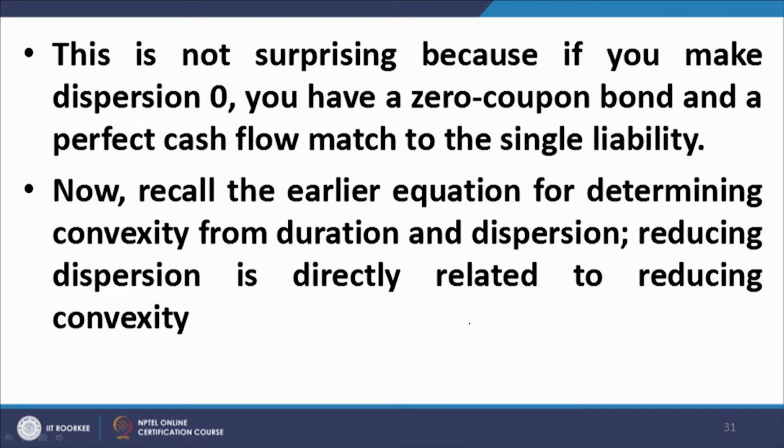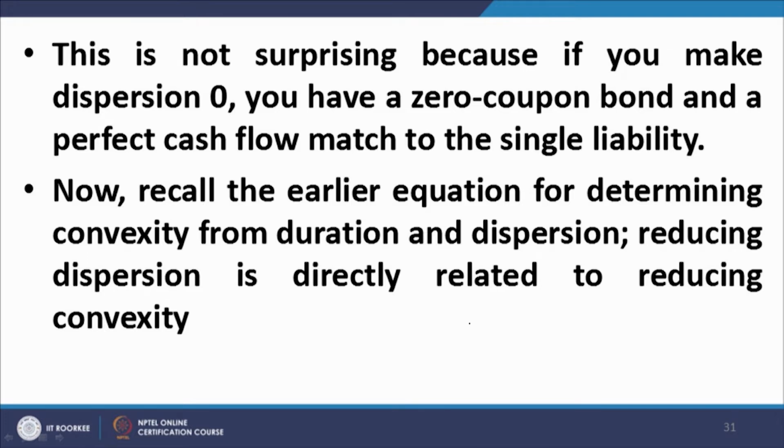Putting it the other way around, if you have a perfect cash flow match of the liability, then you can say that the dispersion is 0, and if the dispersion is 0, then the risk is almost negligible if the default risk is not considered.